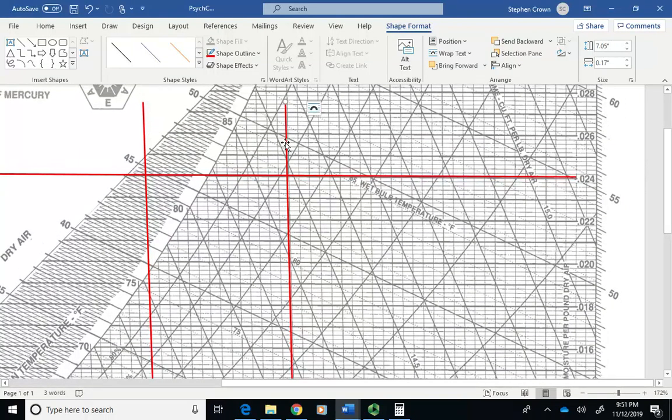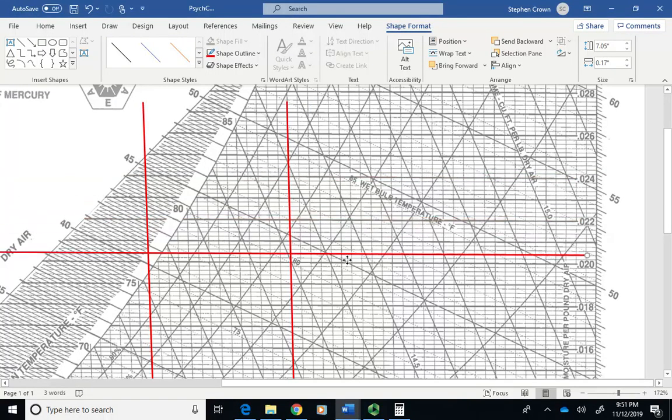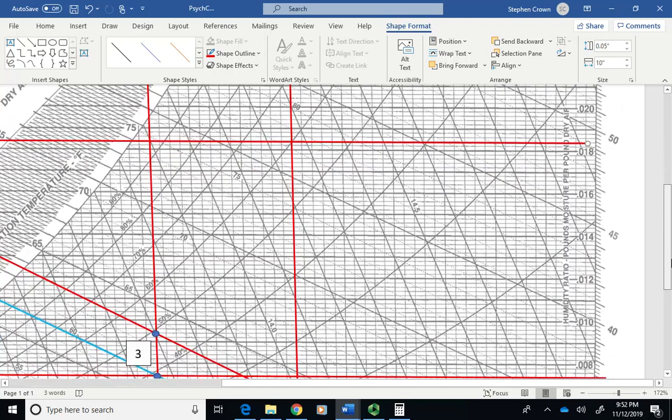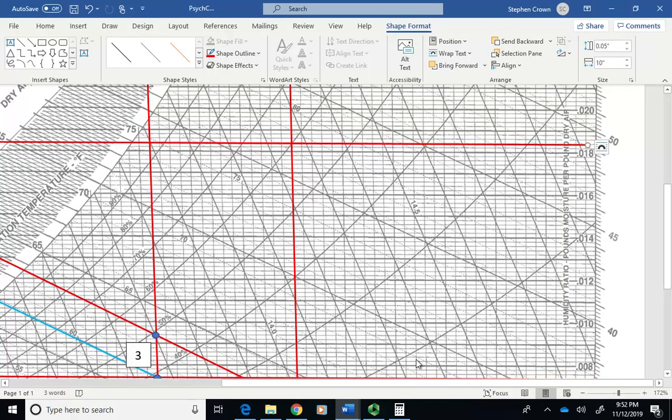So 90 degrees and 60% looks like right there. So this is 60, 70, 80, 90, and 100%. So that's 60% relative humidity, 90 degrees. And that would be state 0.